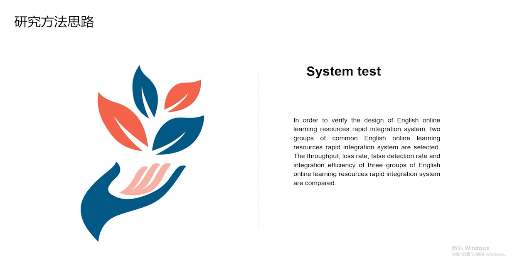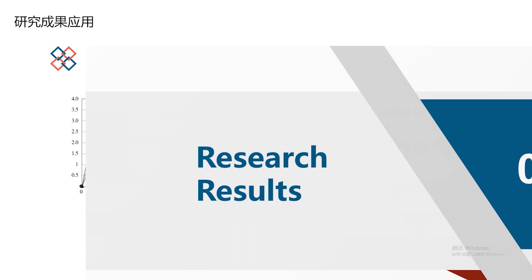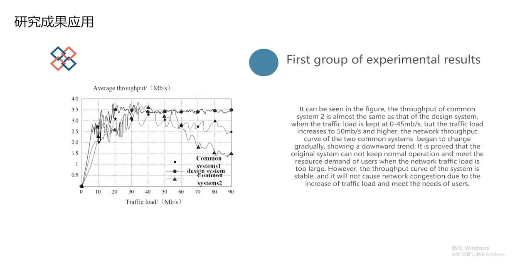The throughput, loss rates, error detection rates, and integration efficiency of the three groups of English online learning resources rapid integration systems are compared. Now let's look at the results of the experiments. The first group of experimental results.